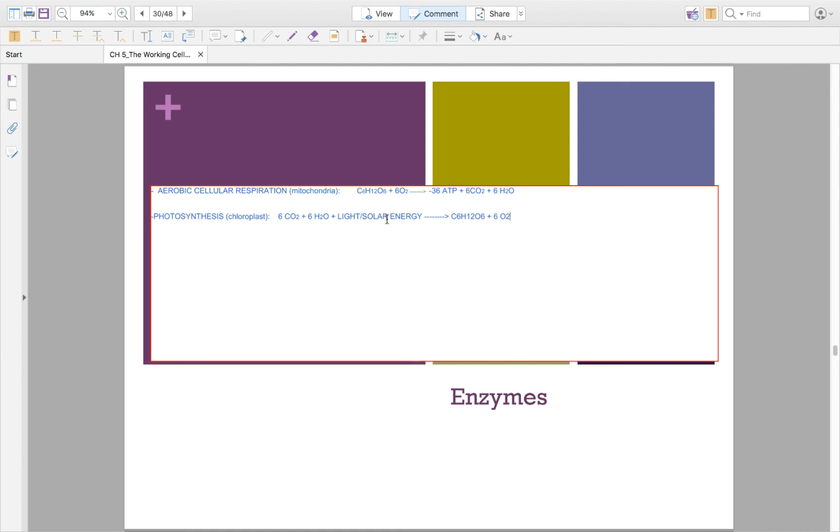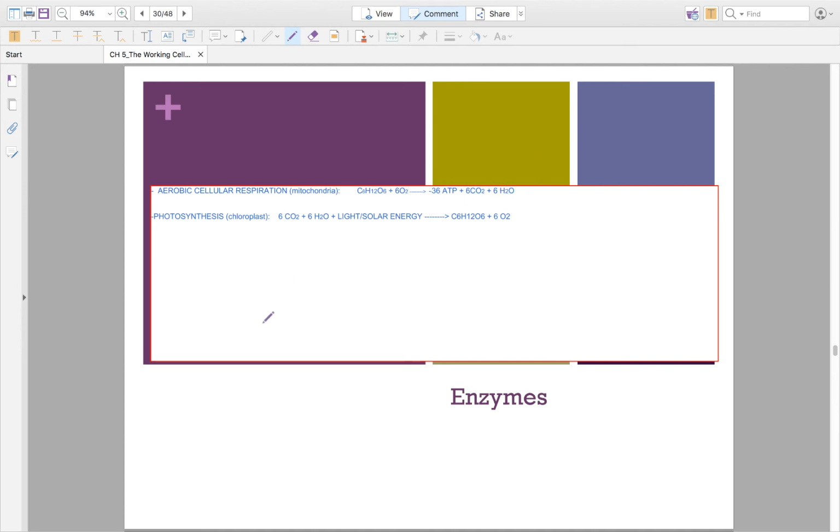And notice this, the reactants of cellular respiration are in fact the products of photosynthesis and vice versa. And notice that the products of cellular respiration are the reactants.